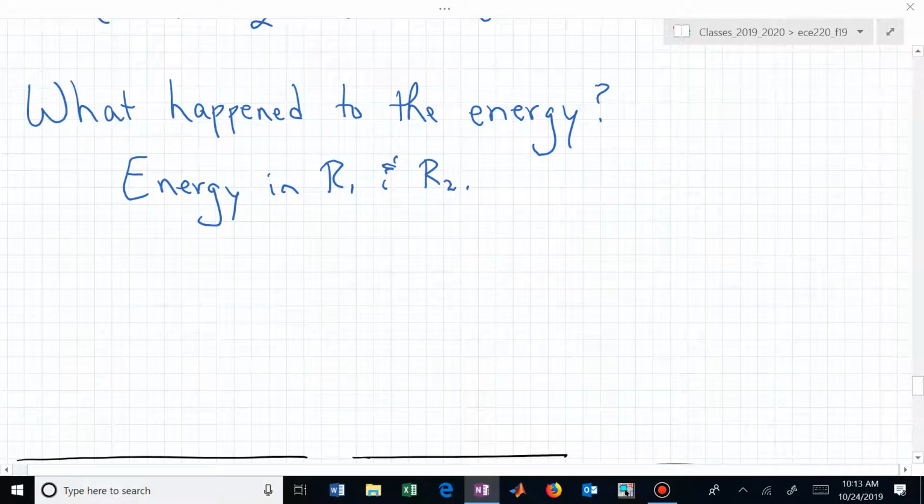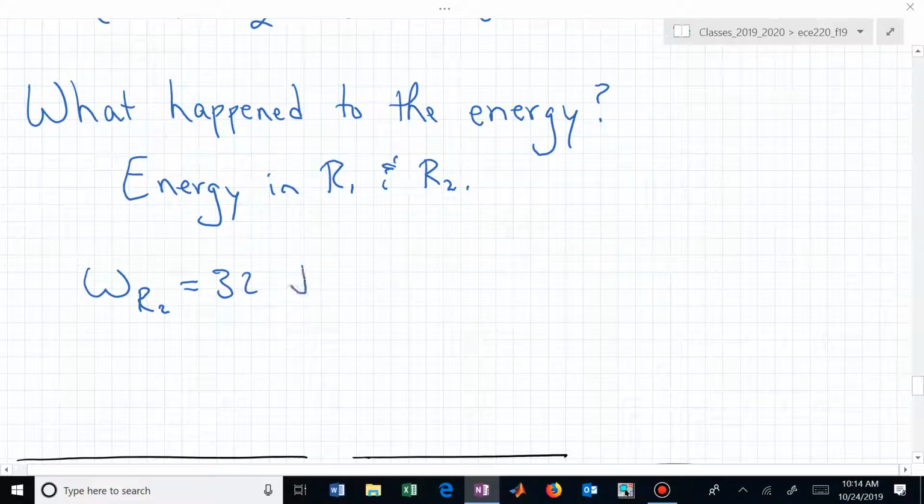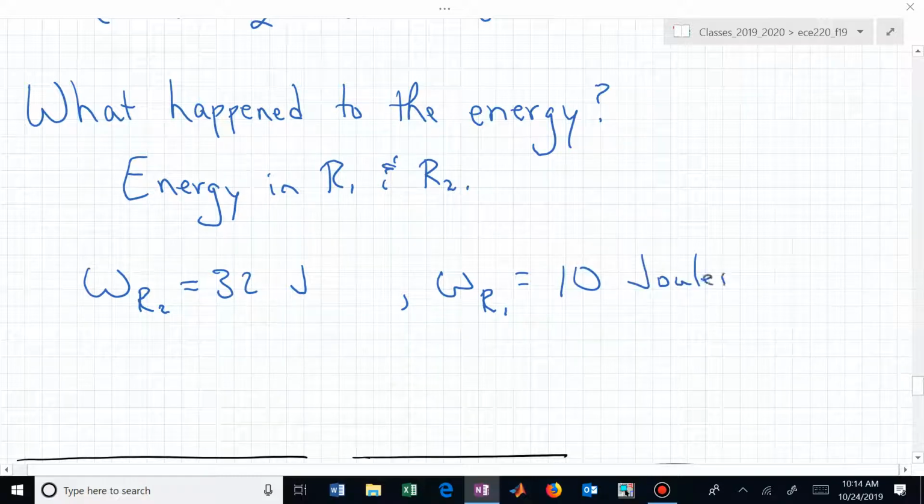And if I tell you the answer, you can check, right? Tonight, at home, or sometime. What did I compute? So the energy in R sub 2 was 32 joules. And now you can figure out what the energy in R1 was by elimination, but that was now 10 joules.